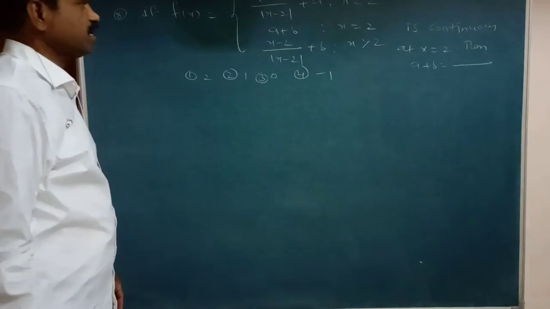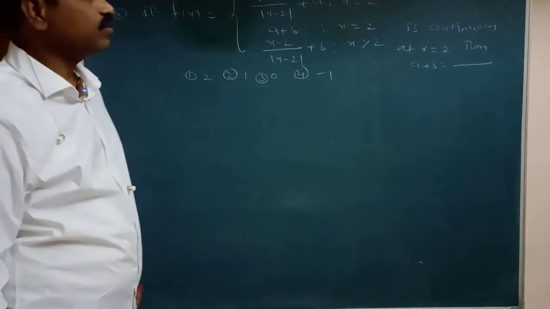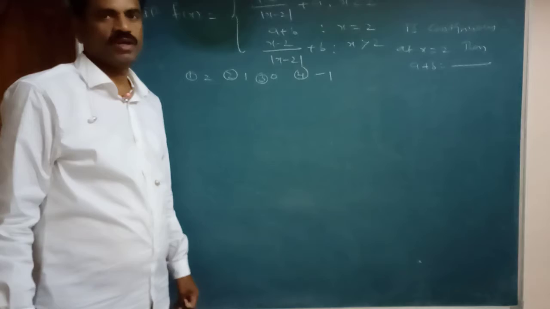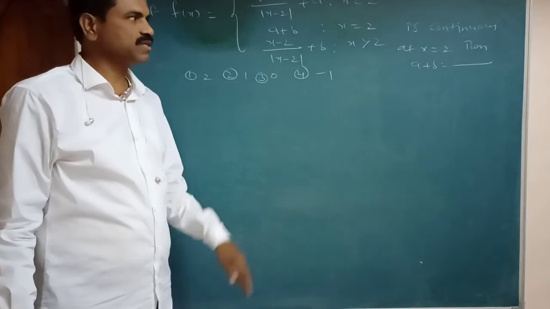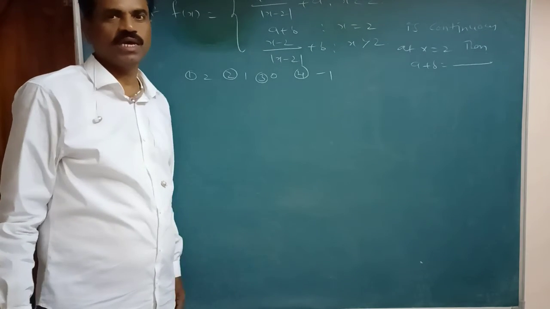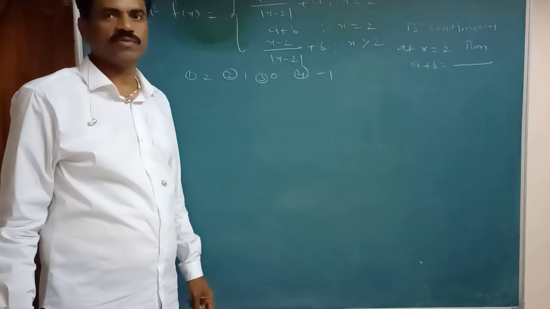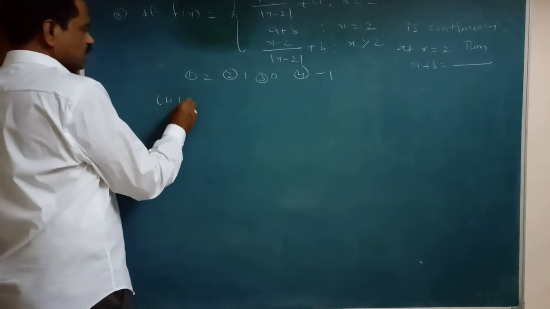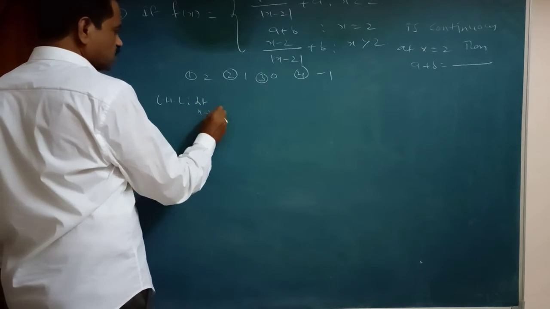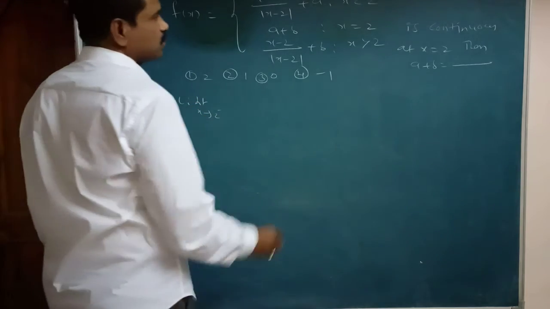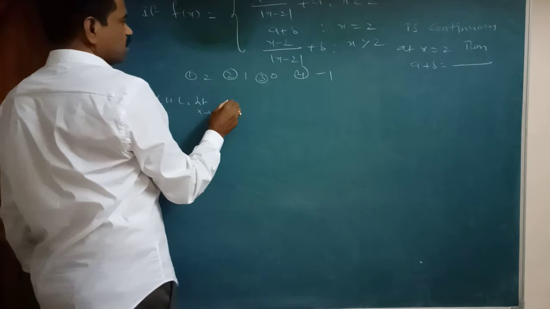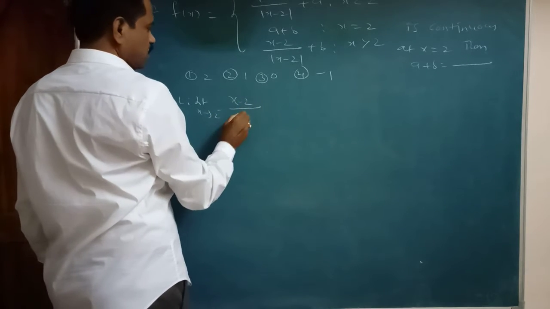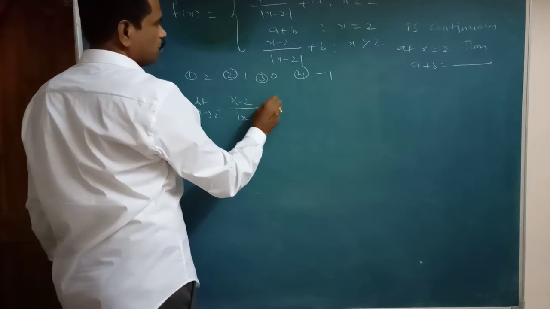So what is given here? Is continuous at x equal to 2. We know that continuous at x equal to 2 means LHL equal to RHL equal to f of 2. So first we will find out LHL. Limit x tends to 2 minus. What is the function here? That is x minus 2 by mod x minus 2 plus a.